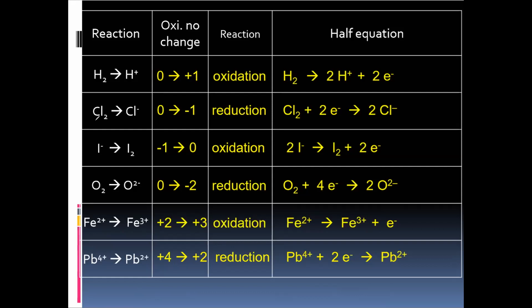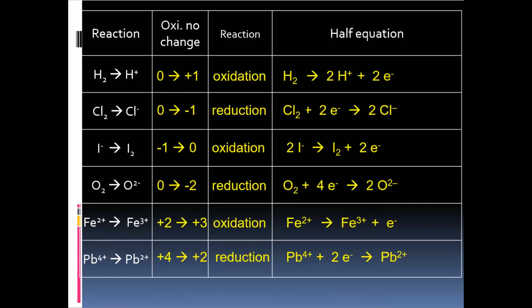If you see in this case, the same thing is happening here. This is Cl2 to give you Cl minus. Chlorine is moving from 0 to minus 1. Now, this is not oxidation, because minus 1 is moving from a higher number to a lower number. So it is reduction. In real sense, what is happening is that it has gained 1 electron. So this is reduction.